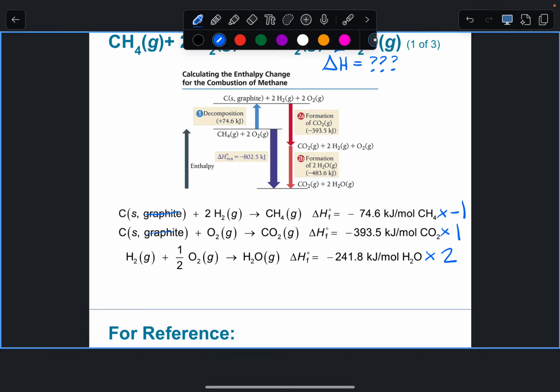Okay, so I've put up there the manipulations that I can tell I need to do, which ones I need to flip, and what coefficients to multiply them by. So I'm going to go ahead and do that and make sure everything comes out the way I want it to.